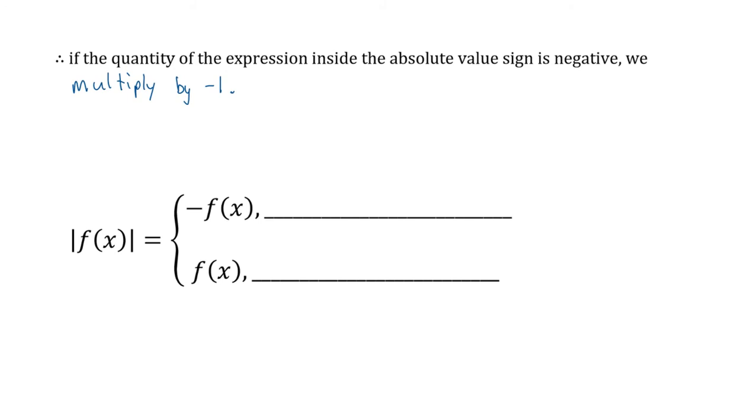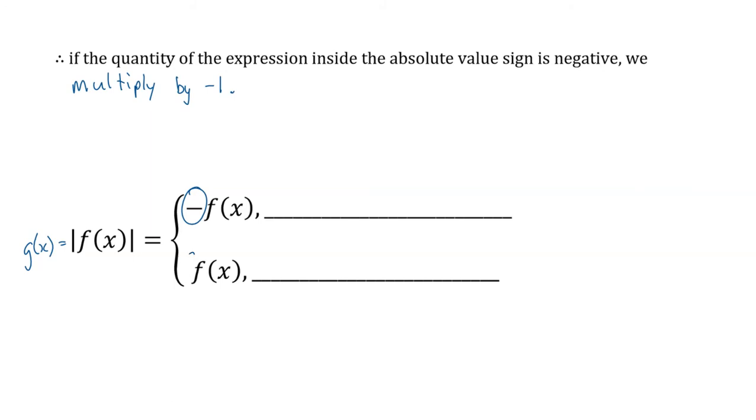So if I have a function f at x, that is the argument, but my actual function, I could call it g of x. This might be a little weird, but g of x equals the absolute value of f at x. So g is a different function. If the function is negative, then I multiply by negative 1, so the thing I would be using in my work is negative f at x.